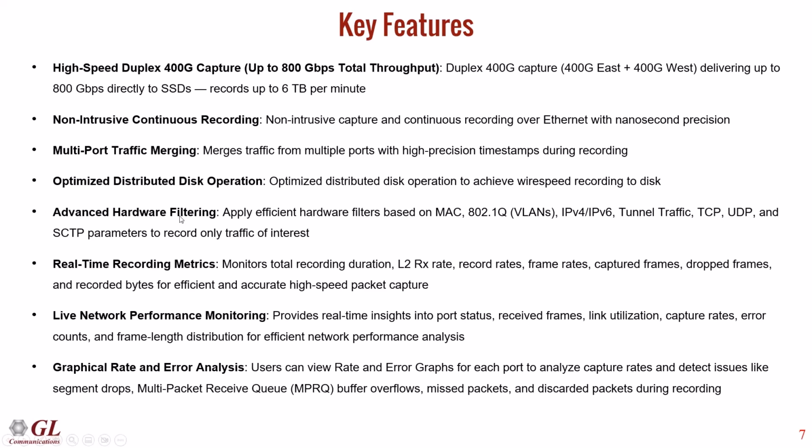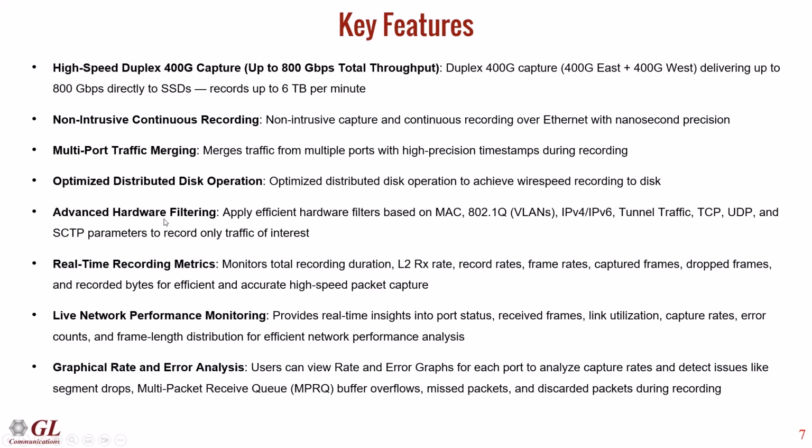We have advanced hardware-based filtering. So there's a strong likelihood that you don't need to capture all of the traffic at 400 gigabits. Maybe you just want to capture traffic with a certain IP address or a certain protocol. So we can filter, and we can filter at the hardware level, so that we do it at wire speed without dropping any packets.